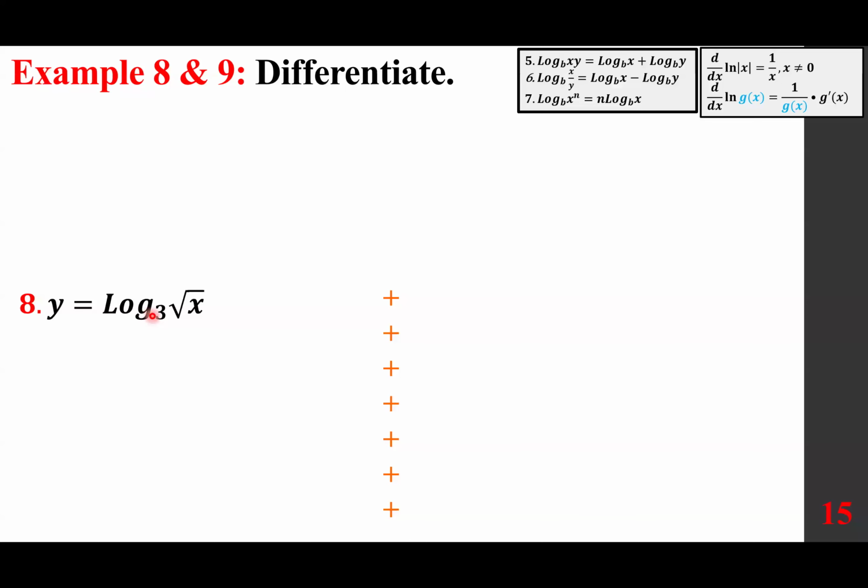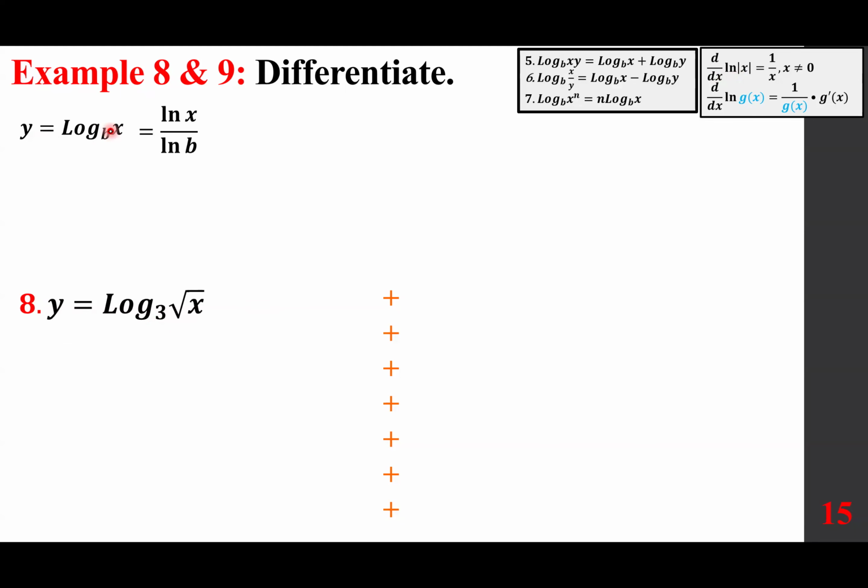y equals log base 3 of square root of x. We want to differentiate this. So far we've been dealing with natural log, and we know the base is e, and we know how to take care of it. However, when the base is no longer e, how do we take care of it? We go with the change of base formula and say y equals log x base b equals ln x over ln b.